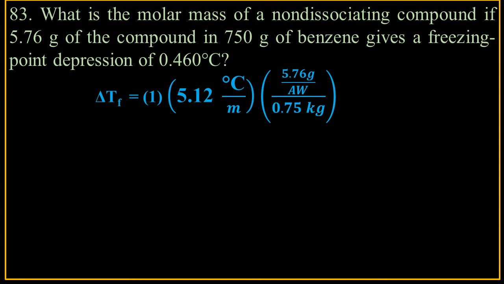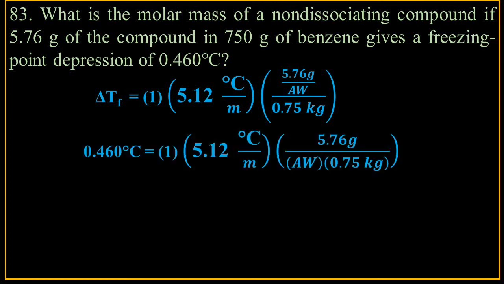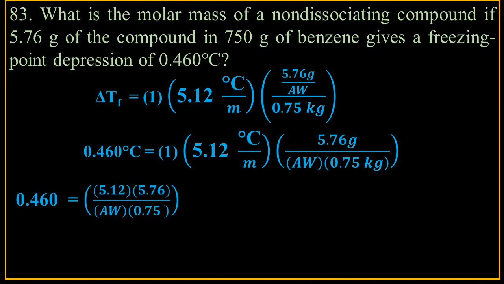So we're going to plug in 0.460, and then we're going to solve for the AW. Okay, so you're going to rearrange things, and you're going to solve for AW.